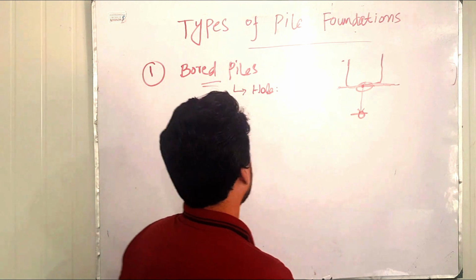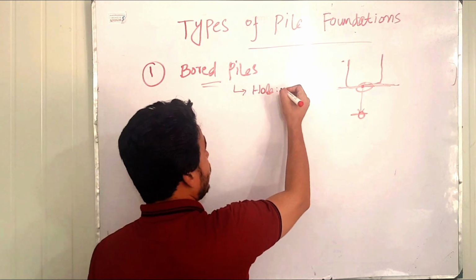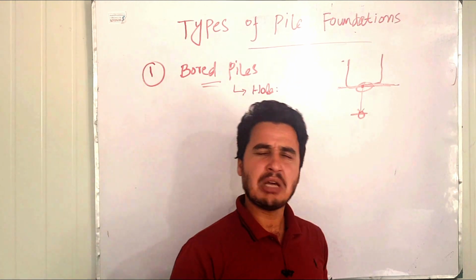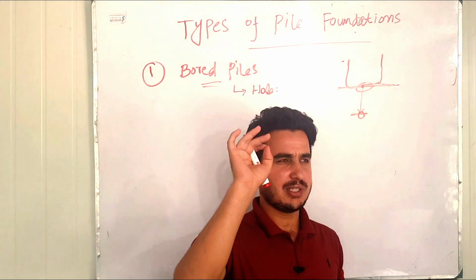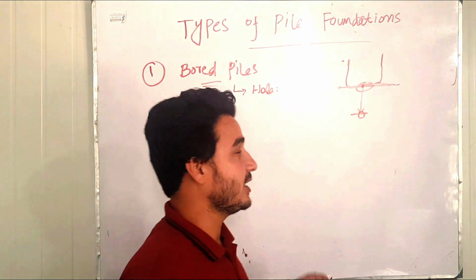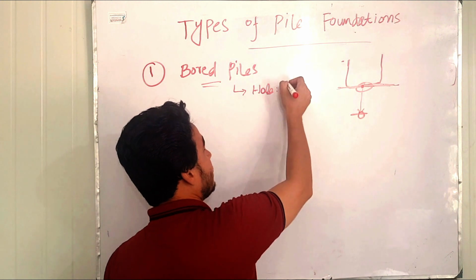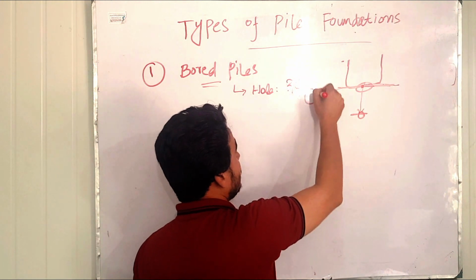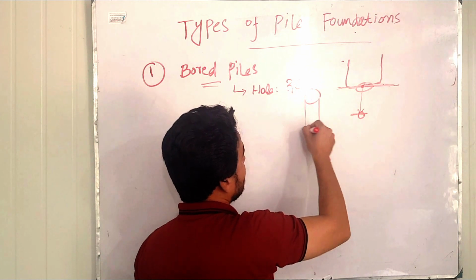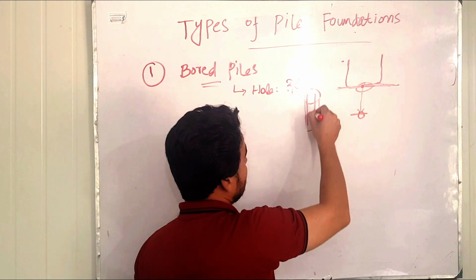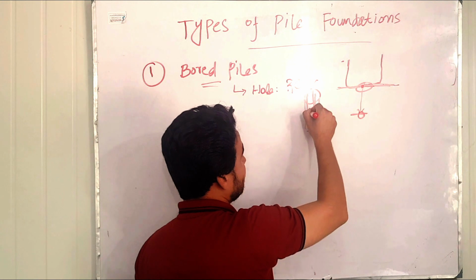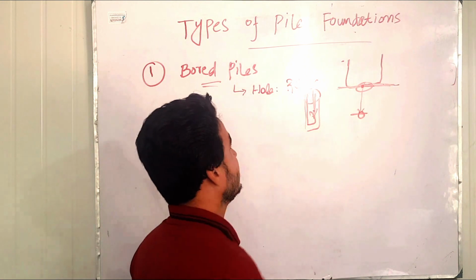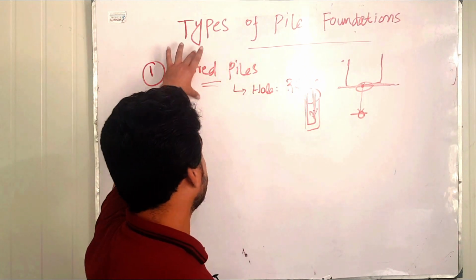The sand pile is a very rare case, used in only some cases, but mostly RCC is used. A steel cage is inserted in that hole, and then RCC is poured, and then a pile is made that is known as the bored pile.